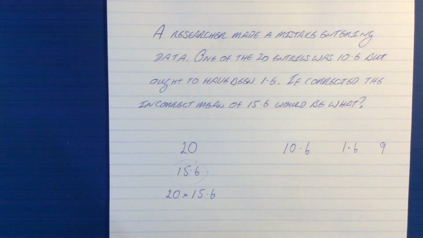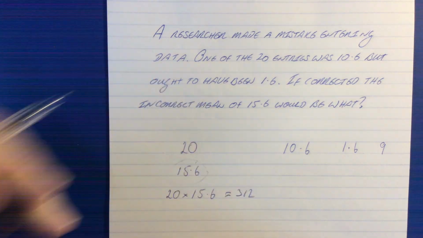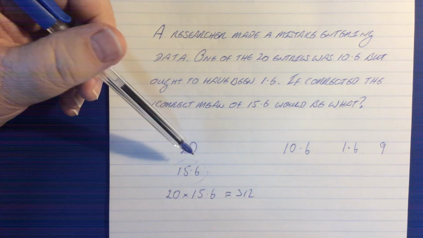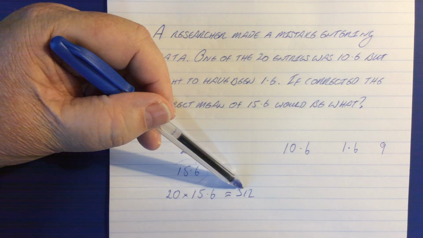So get out the trusty calculator and see what that multiplies up to. That multiplies up to 312. So what happened was these 20 pieces of data were added up and they came to the number 312.